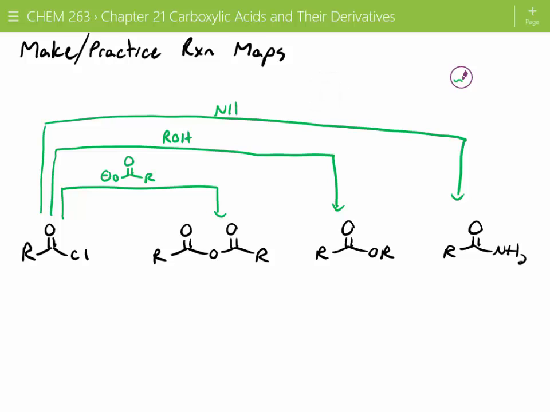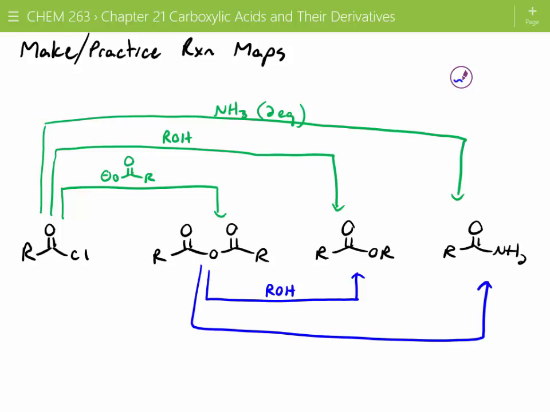Ammonia. And we can keep on going. What about going from an anhydride to an ester? Well, that's an alcohol, pretty straightforward. And then we could go from an anhydride to an amide, and this would take two equivalents of ammonia.